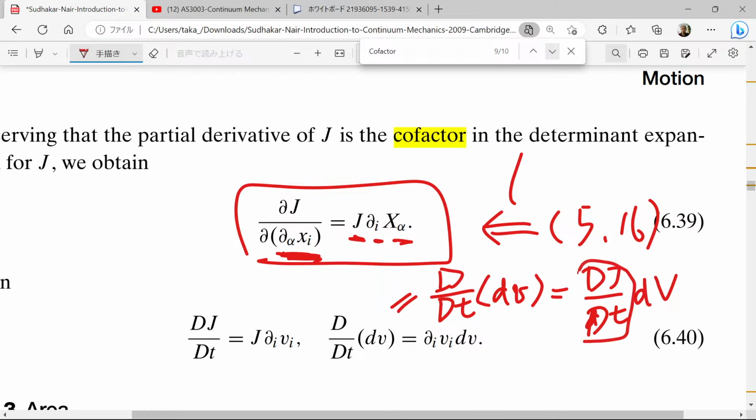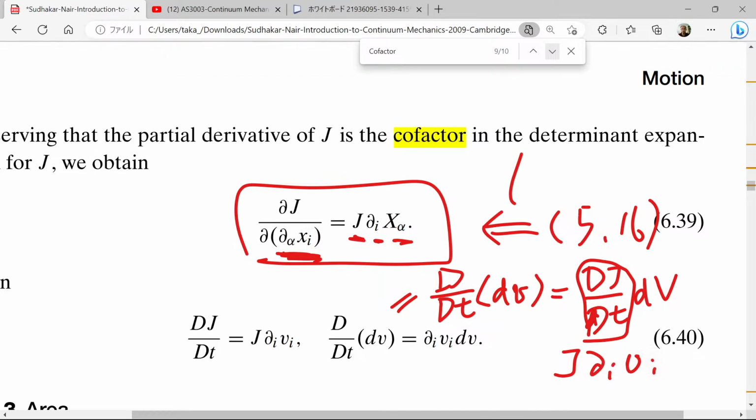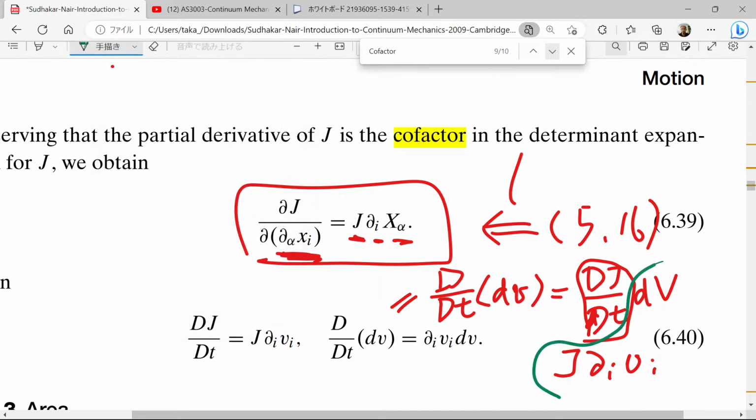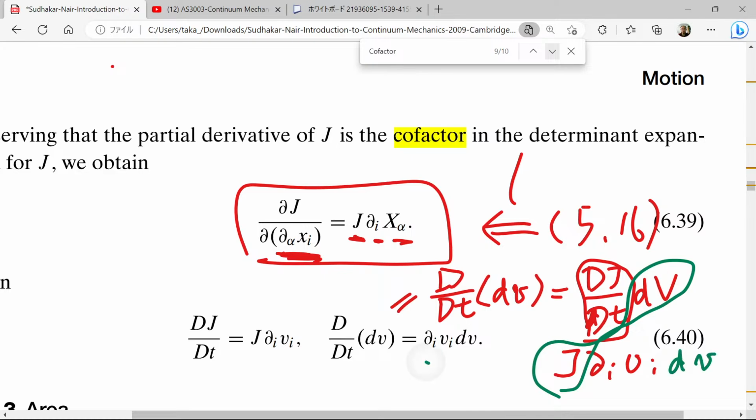Then this guy is J partial i vi, but then J dV, this is small dV. So we have this partial i small vi dV.